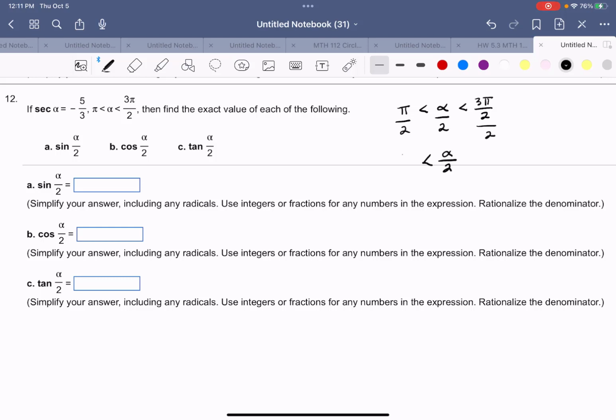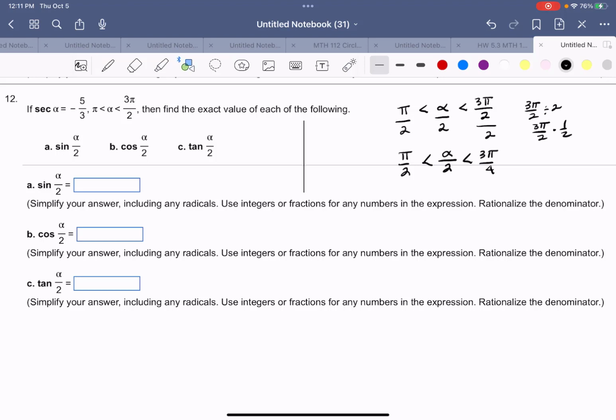Alpha over 2 is going to be between pi over 2 and 3 pi over 4. I got 3 pi over 2 divided by 2 is 3 pi over 2 times a half, and that's where I got the 3 pi over 4.